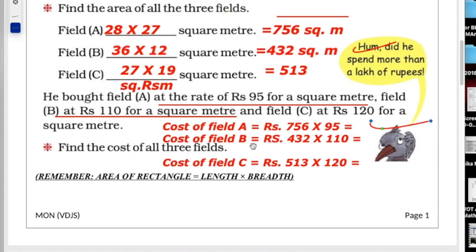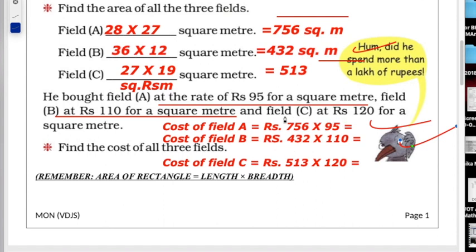Now the cost of field B, the same way. The total area of field B is 432 square meter and the rate of 1 square meter of field B is rupees 110. So you will multiply the total area of field B, 432 square meter, by 110, and you will get the answer.